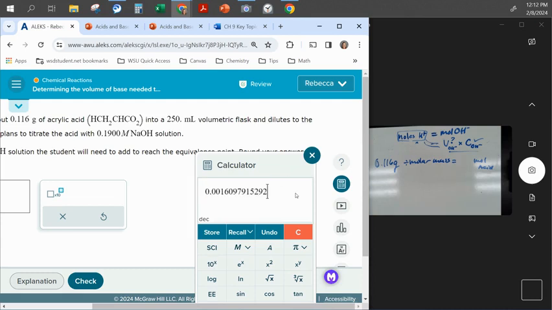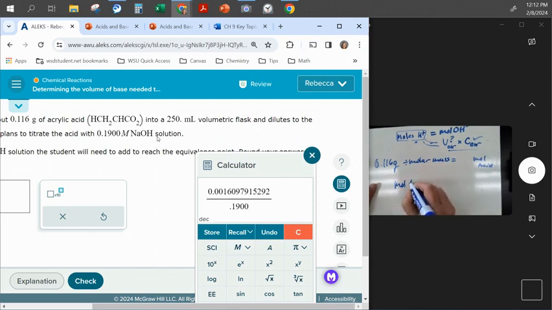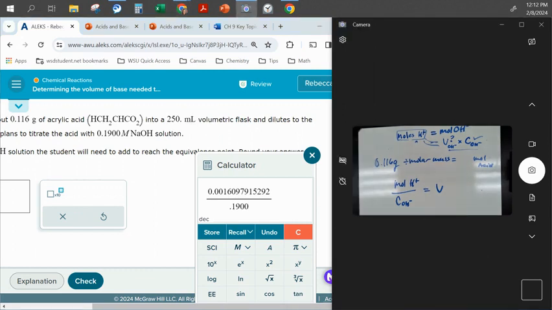The next thing I'm going to do is take this and divide by the concentration of base. So moles of hydrogen divided by the concentration of base gives us the volume of the base.